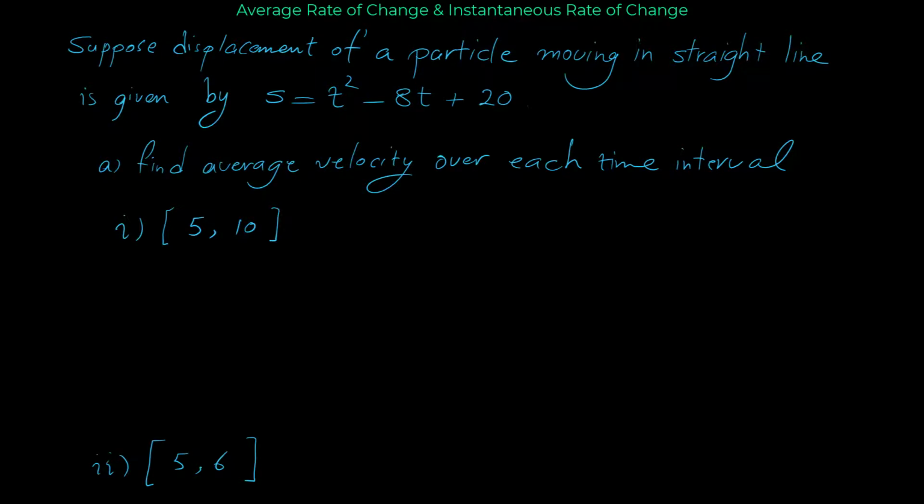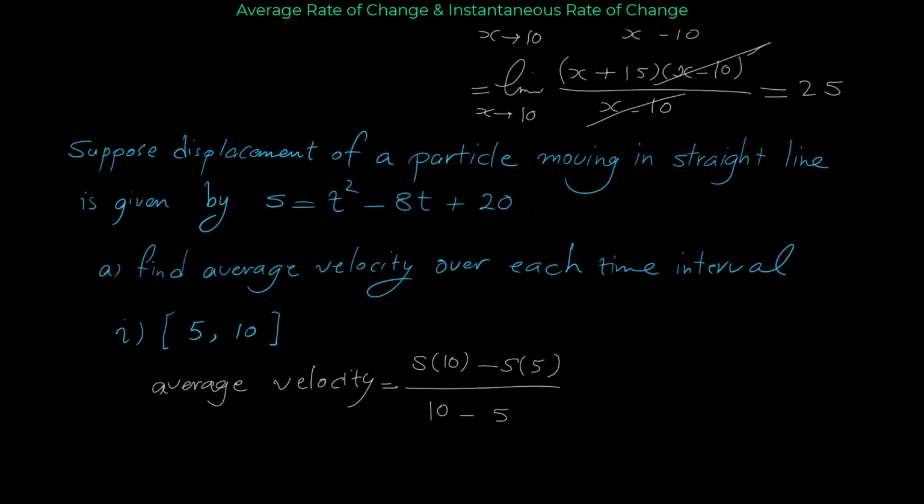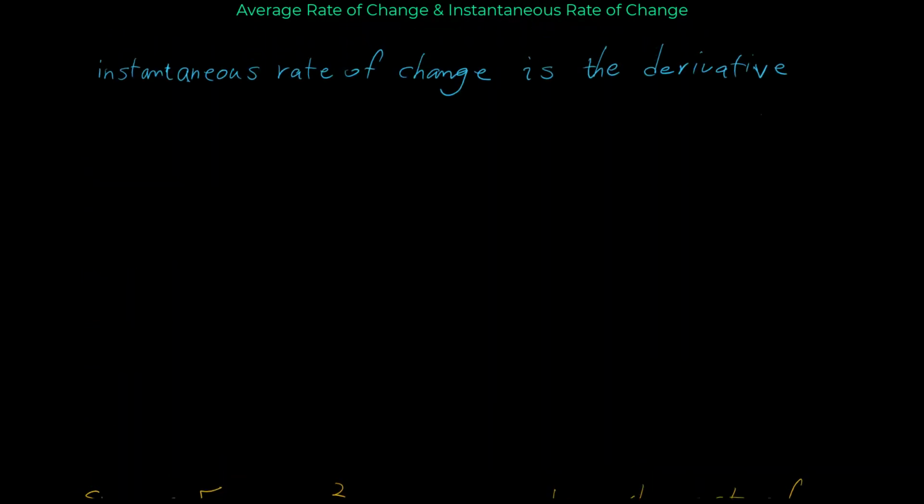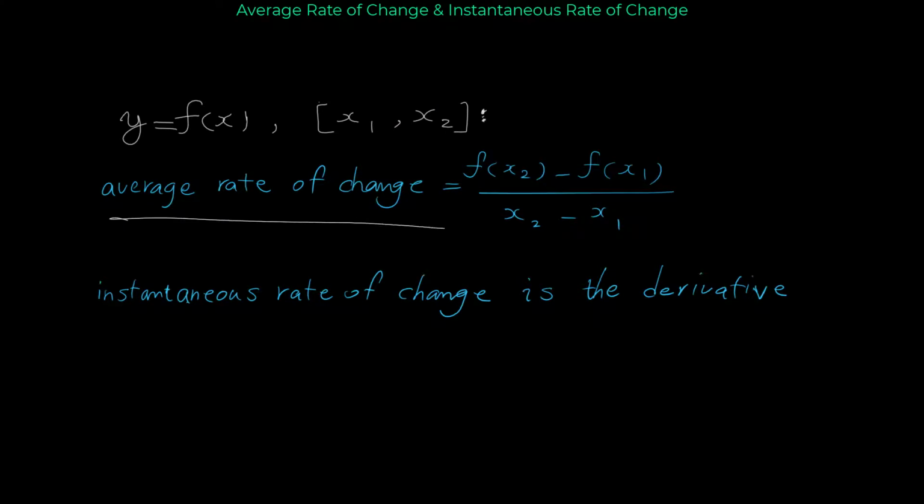So average velocity would be s of 10 minus s of 5 over 10 minus 5. Do you remember the general formula for average rate of change? f of x2 minus f of x1 over x2 minus x1.